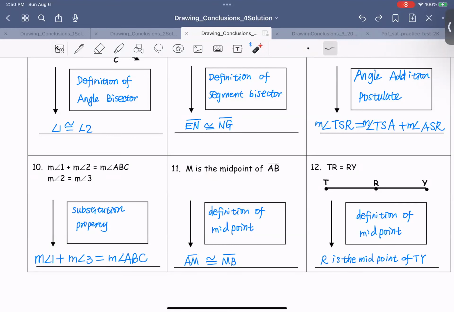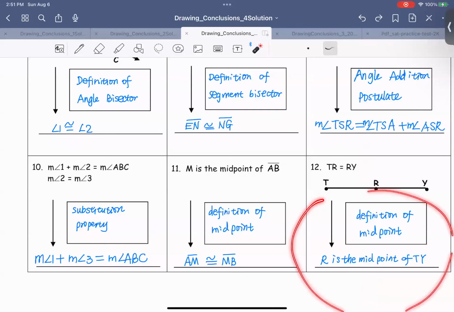Or you can also say this. You can also say R is the midpoint. So you might feel curious. Sometimes you want to say this, sometimes you want to say this. Which one is correct? As long as your supporting reasons support this correctly, that's fine. Which one is counted as correct is going to be based on your context. Just like English vocabulary, at different contexts, it has different meanings.